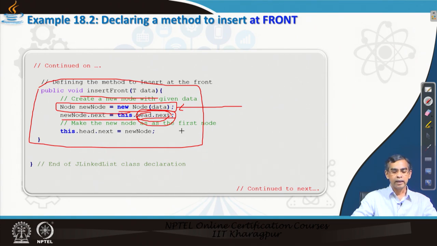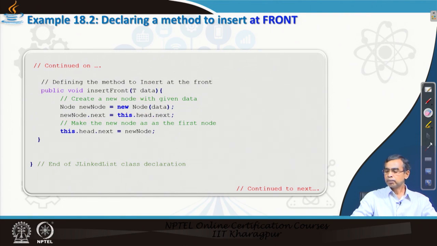So, it will work. Again, this will obviously work if the list contains at least one node. So, both ways this code is written so that it satisfies both situations: either the list is empty or the list contains at least one node.